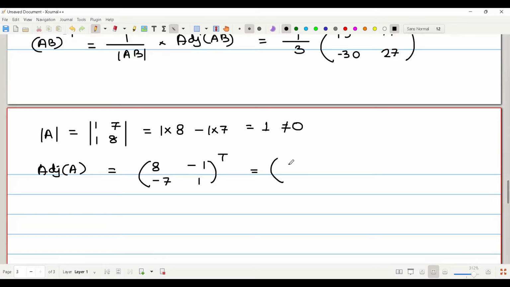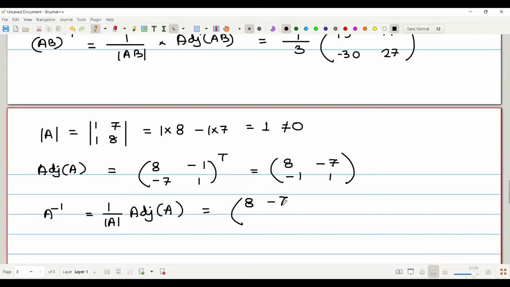So that one is 8 minus 7 minus 1 and 1. So A inverse means 1 by determinant of A and then adjoint of A, or that one is, as the determinant is 1, so we can directly write it as 8 minus 7 minus 1 and 1. So that is our A inverse.